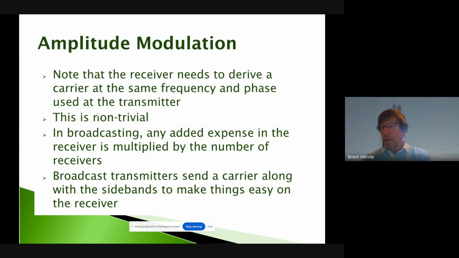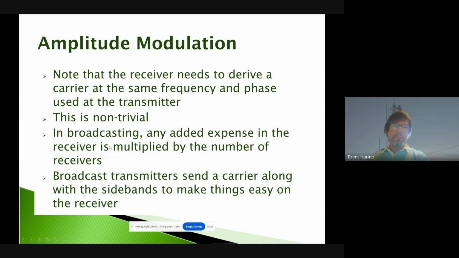And in a broadcasting type situation where you have one transmitter but you may have many receivers, everyone that's listening at a broadcast station has a receiver. So any added expense in that receiver gets multiplied by the number of receivers. The overall system cost is kind of rough there.